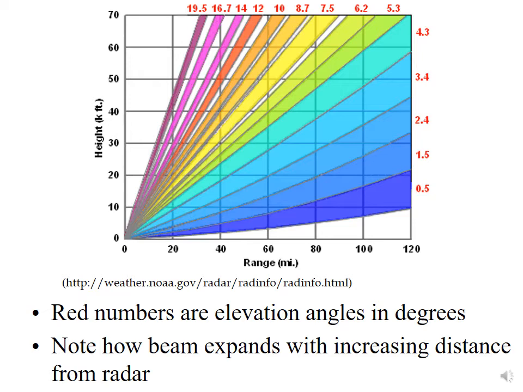And so you can see that these higher elevation angles will give you information about the vertical variation of precipitation, but the higher elevation angles are primarily going to give you information close into the radar itself, because before long they will be too high to provide information about the storms.